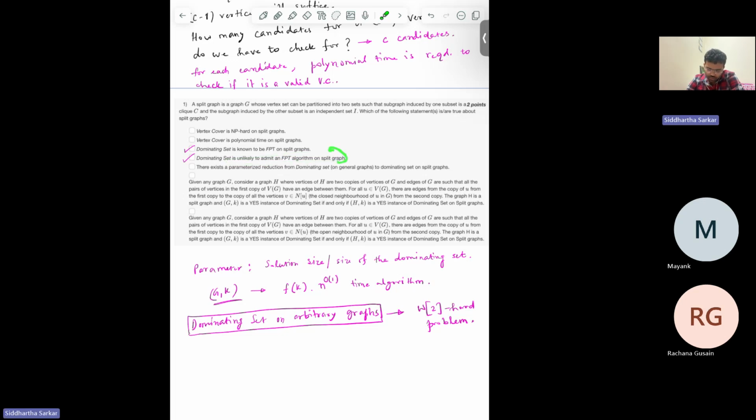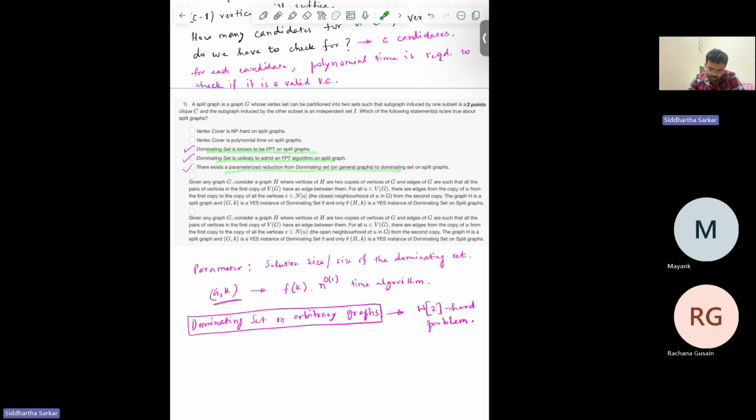So we have to decide about these two statements. So the next statement is also related. It says that there exists a parameterized reduction from dominating set on general graphs, which I said arbitrary graphs, to dominating set on split graphs. So if this is true, then this is also true, then this is false.